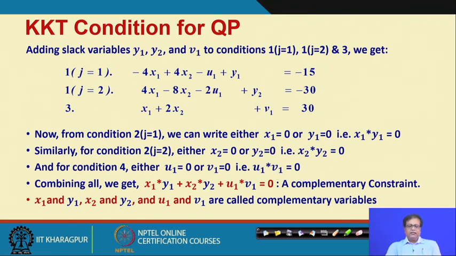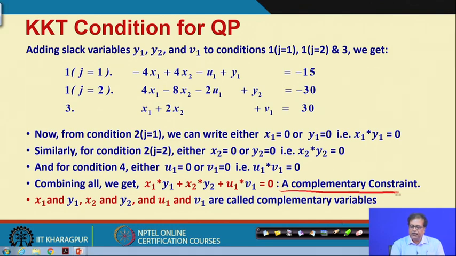We can very interestingly combine them all, and we can get what is known as a complementary constraint in this way, that is x1 star y1 plus x2 star y2 plus u1 star v1 equal to 0. So, this can be called a complementary constraint, right. Why is it happening?